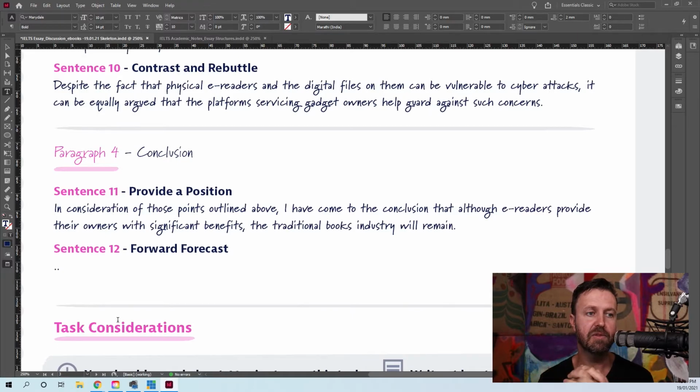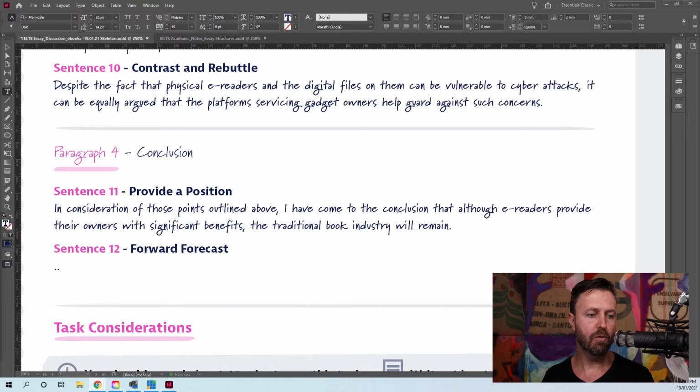In consideration of those points outlined above, I've come to the conclusion that although e-readers provide their owners with significant benefits, the traditional book industry will remain. So we're saying that although there are advantages, and we acknowledge those advantages, the traditional book industry will remain because of the points that we've referred to.